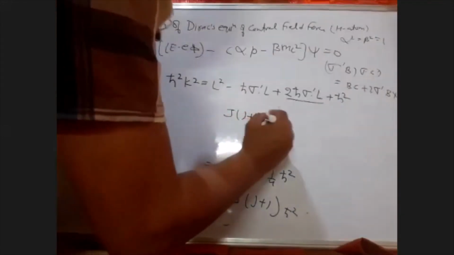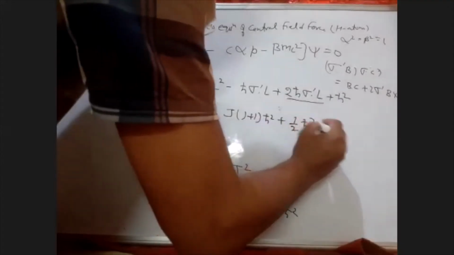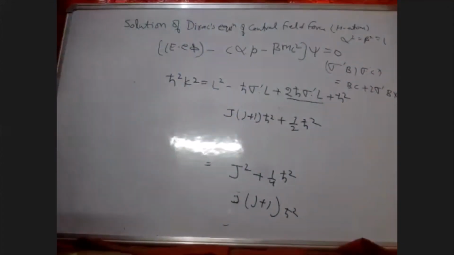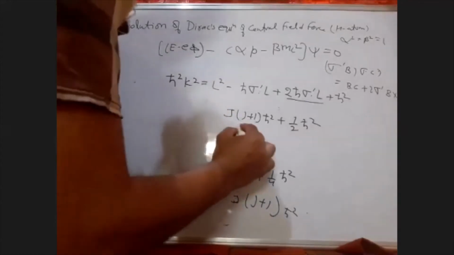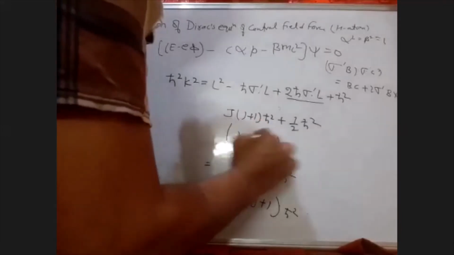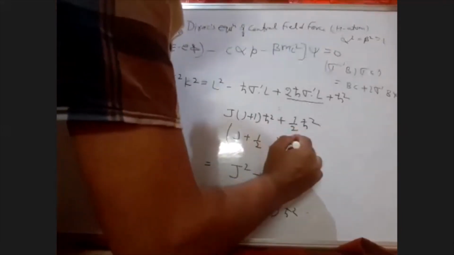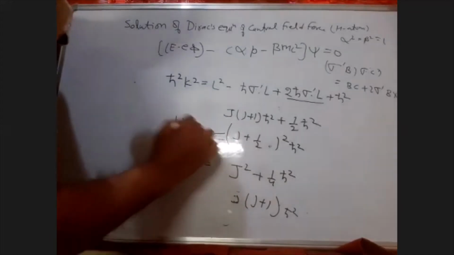j plus 1 h cross square upon 1 by 2 h cross square. Or we can write j plus half h cross times j plus half, the whole square h cross square, that is equal to h cross square k square.